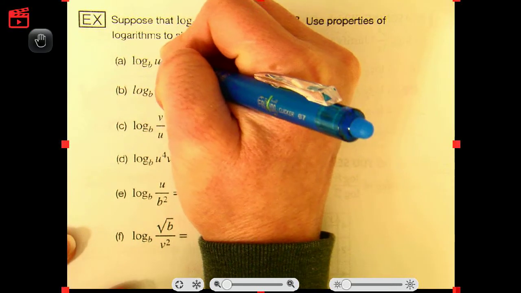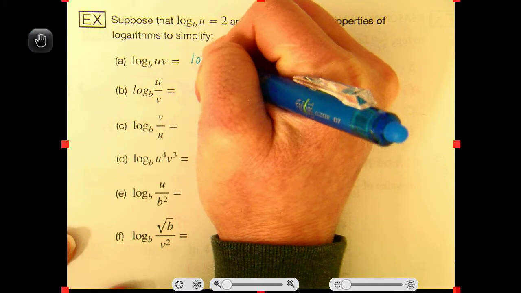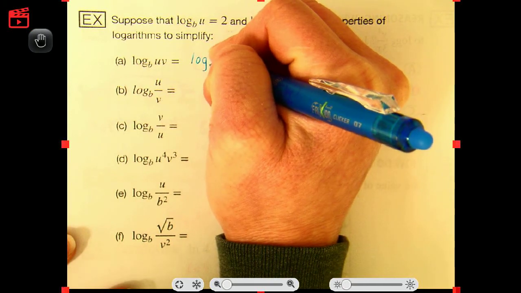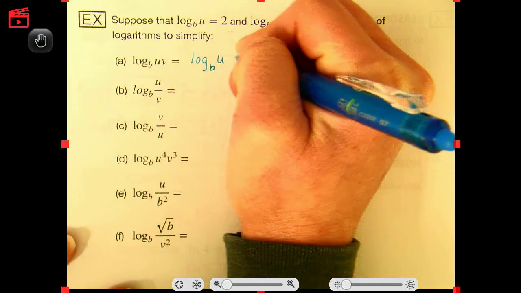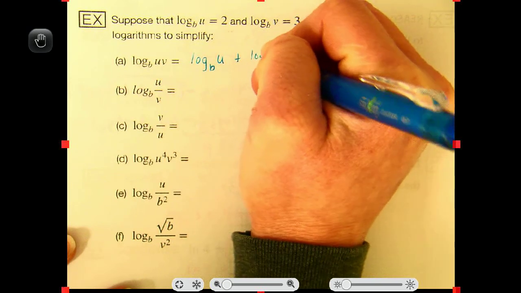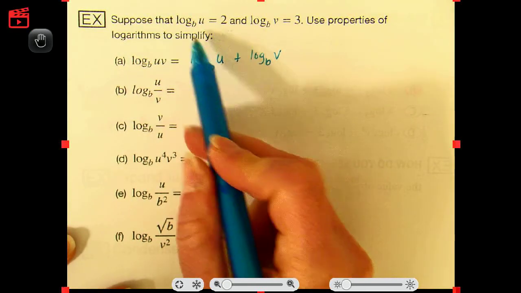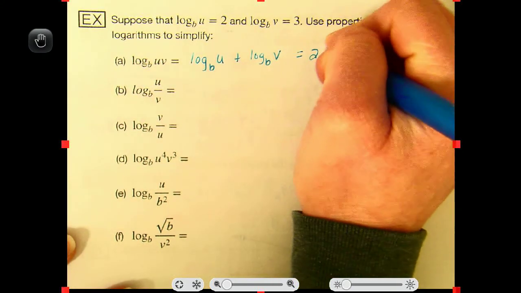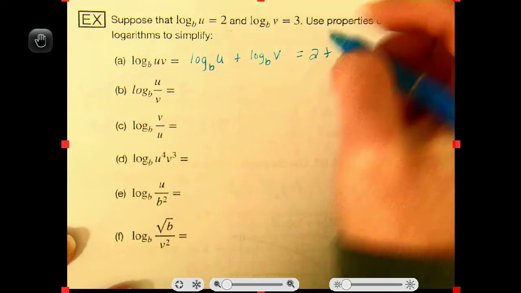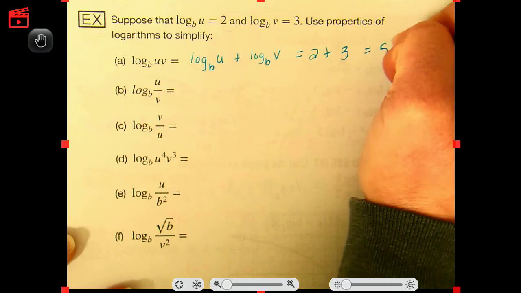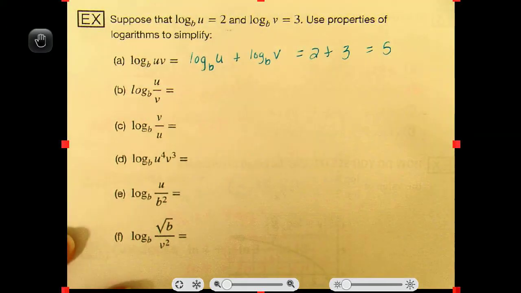So again, since this is multiplication, I'm going to change it to addition. So it'd be log base b of u plus log base b of v. Well, log base b of u is 2, and log base b of v is 3, and 2 plus 3 is 5. Okay.